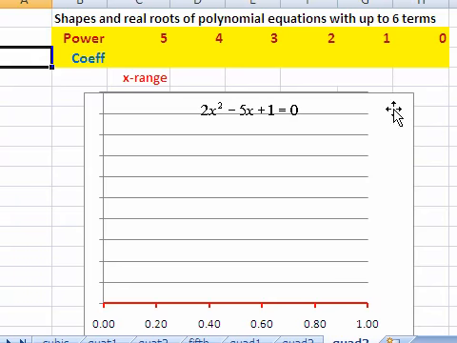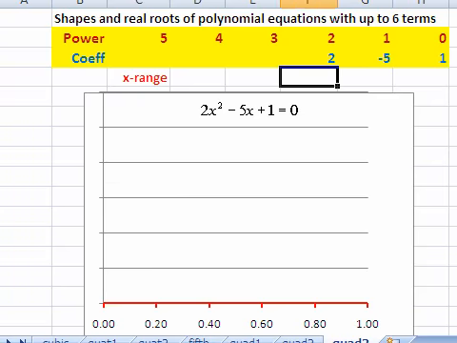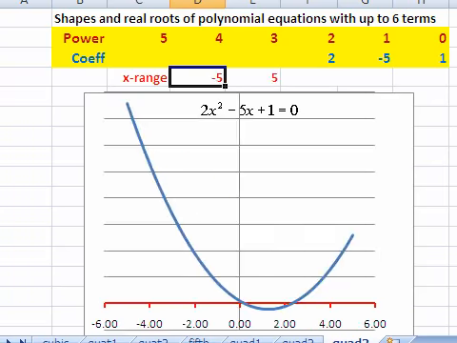Yet another quadratic example with coefficients 2, -5, and 1, and range of -5 to 5. Okay, there are two roots apparently, one near 0 and one near 2.